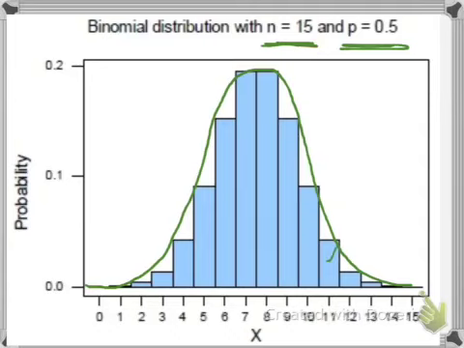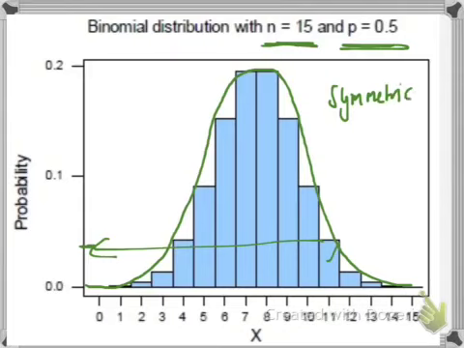So if we take 11 as an example, what this is saying is that the chance of it landing on that sector 11 times out of 15 is less than 0.05, if I read across to there. So it's only a very small chance. So typically we get that symmetrical shape when the probability equals 0.5, or it's very close.